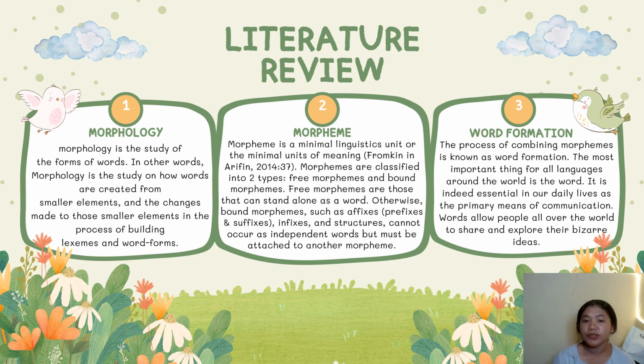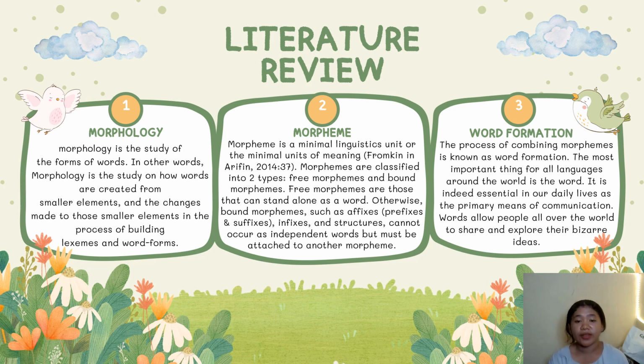Next, we come to the literature review. First, morphology. Morphology is the study of the form of words. In other words, morphology is the study of how words are created from smaller elements and the changes made to those smaller elements in the process of building lexemes and word forms. Second, morpheme. A morpheme is a minimal linguistic unit, or the minimal unit of meaning, from Kinds and Arabin 2014, 37.